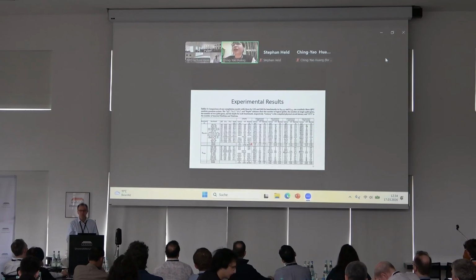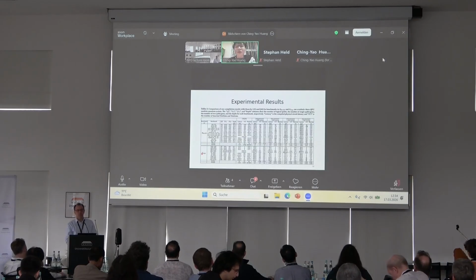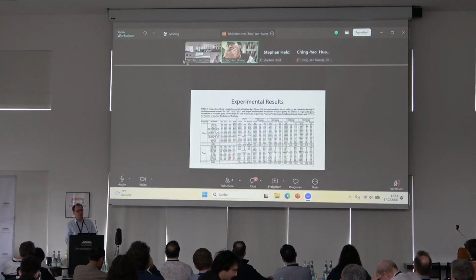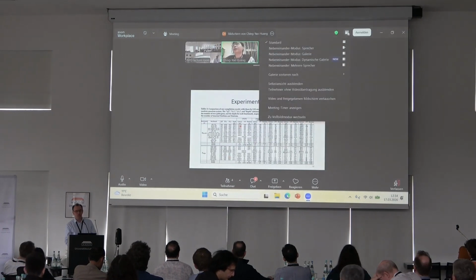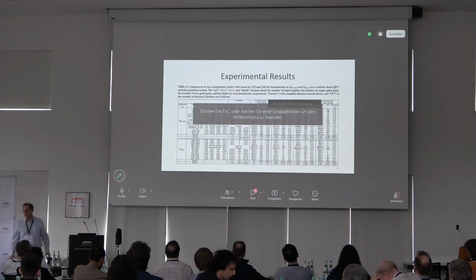And the number of inserted Teledata and Telegates is also reduced by 36% and 60% in the respective benchmark sets. A similar advantage in solution quality is also observed compared to reference 28.